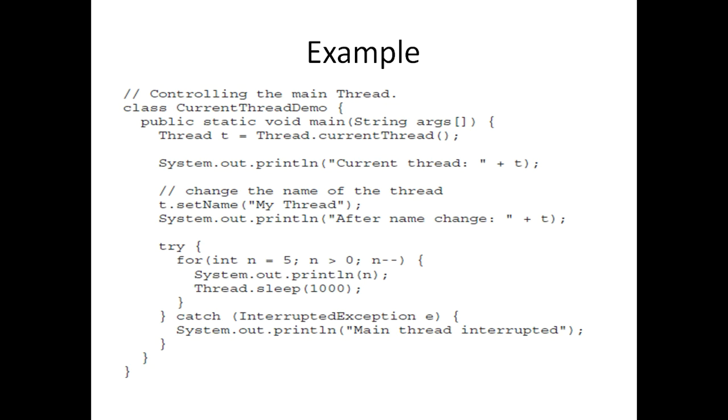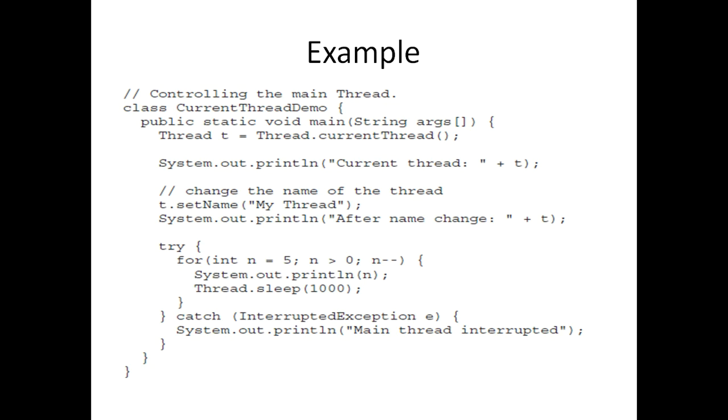Then you continue displaying the next number, again sleep for 1 second, next number, sleep for 1 second, like that. But whenever you make use of the sleep method of a thread, remember it throws an exception called an InterruptedException. So whenever you use the sleep method of a thread, you have to make use of a try and a catch block.